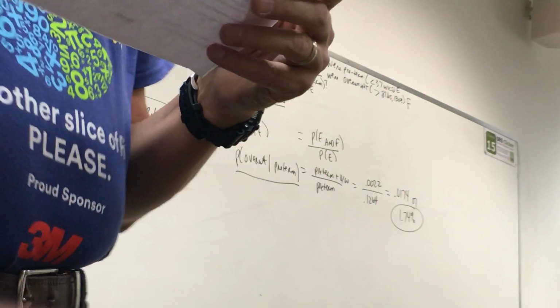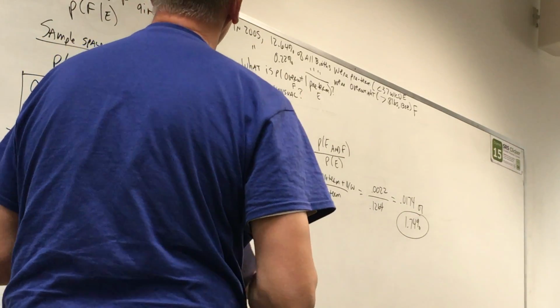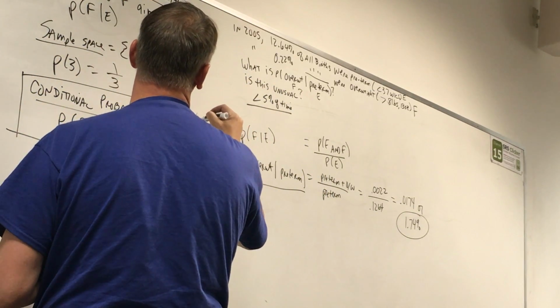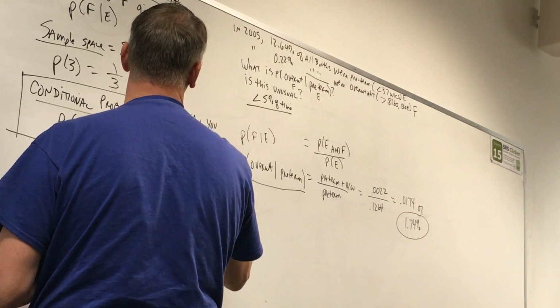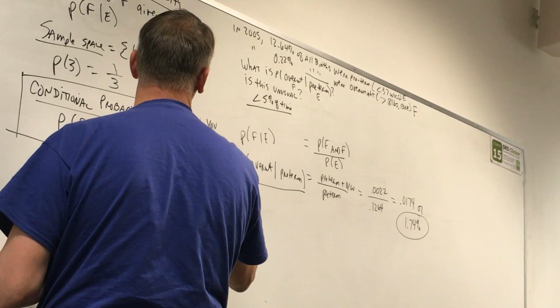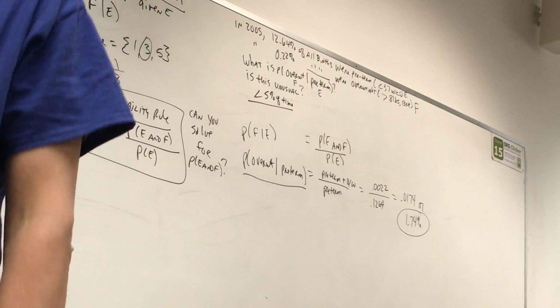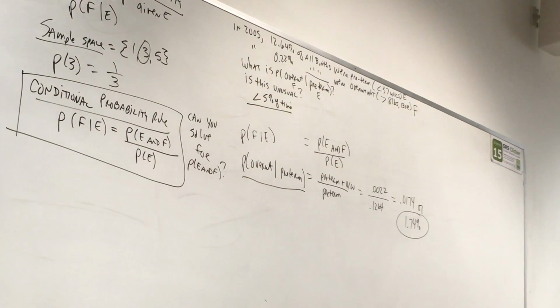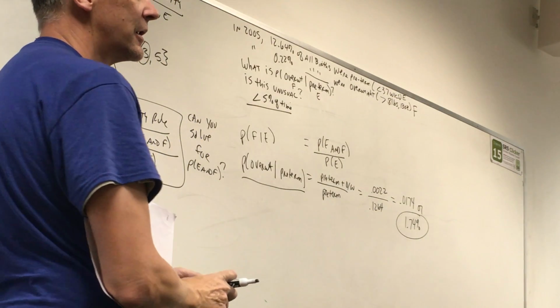All right. How about this one? Oh, let me ask you a question. Can you solve for the probability of E and F? Who haven't I picked on in a while? Jared, I haven't picked on you in a while. You think that's possible? Maybe.